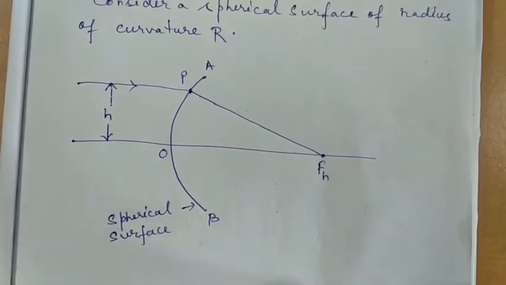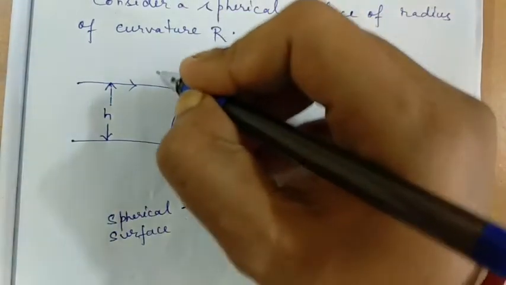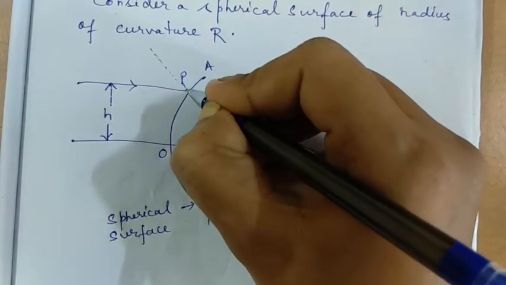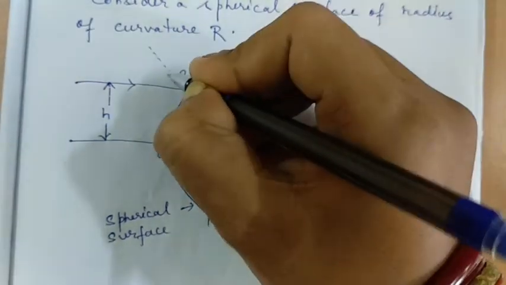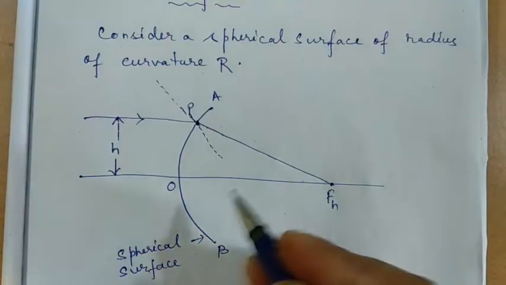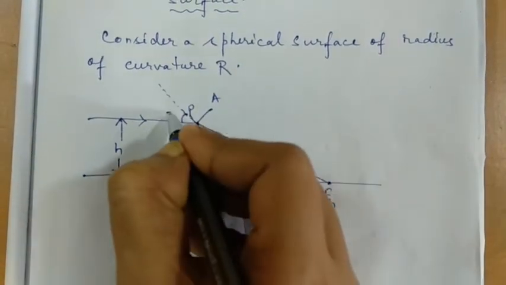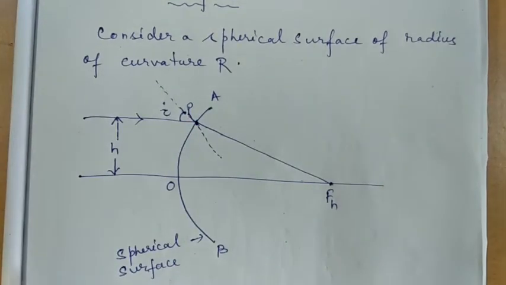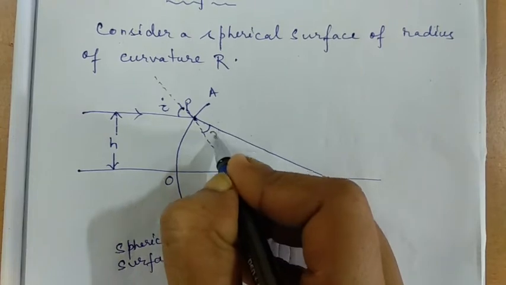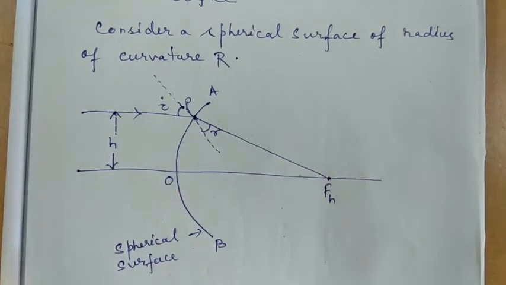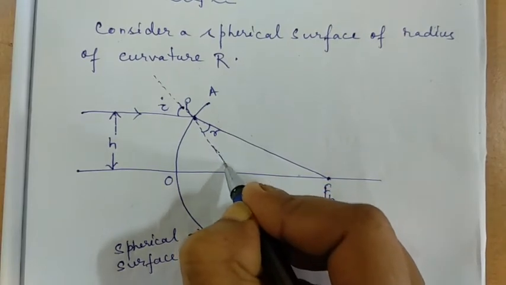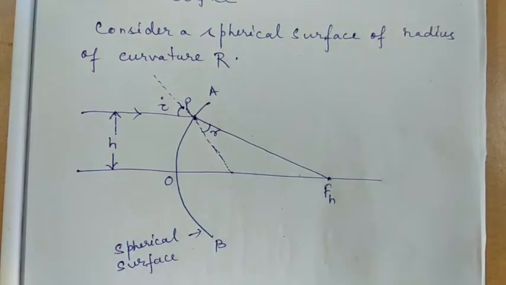Now drop a perpendicular at point P. Let's say this is my angle I. So if this is angle I, then this will be my angle R. Now join this normal to the axis.